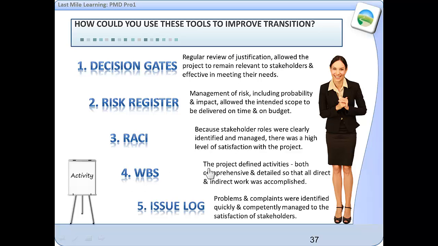Work breakdown structure: the project defined activities, both comprehensive and detailed, direct and indirect. That was accomplished. And the issues log: problems and complaints were identified quickly and completely and managed to the satisfaction of stakeholders.